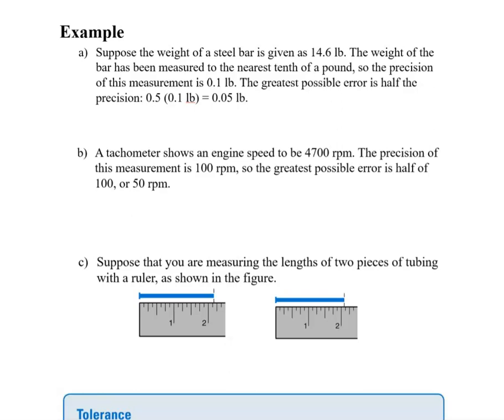The greatest possible error is half the precision, which is 0.1 divided by 2, which is 0.05 pounds. And you could also take 0.5 and multiply it by 0.1. You would also get your answer of 0.05.